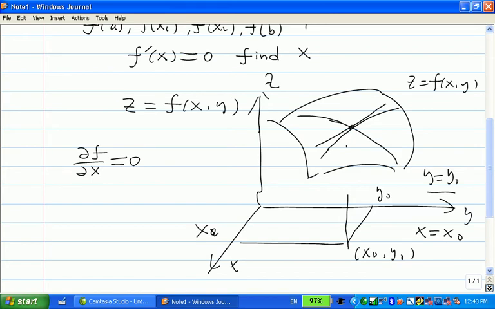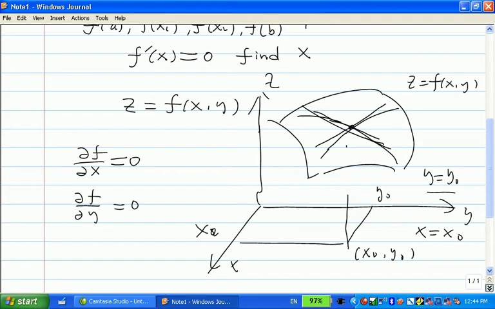Okay. Again, this local maximum for the surface must be a local maximum for this curve, right? Therefore, since it's a local maximum for the curve, the slope of the tangent must be 0, which is exactly the partial f with respect to y. You fix x.